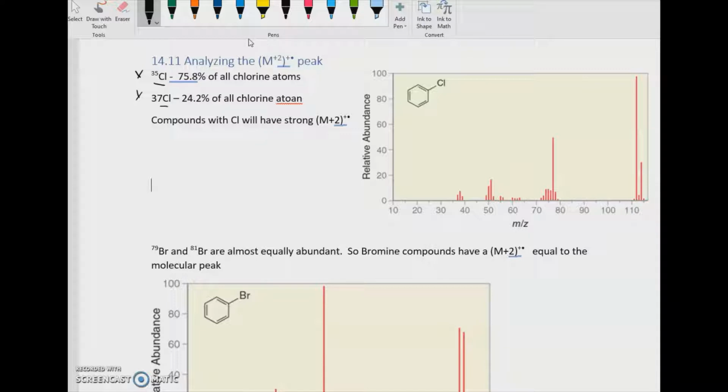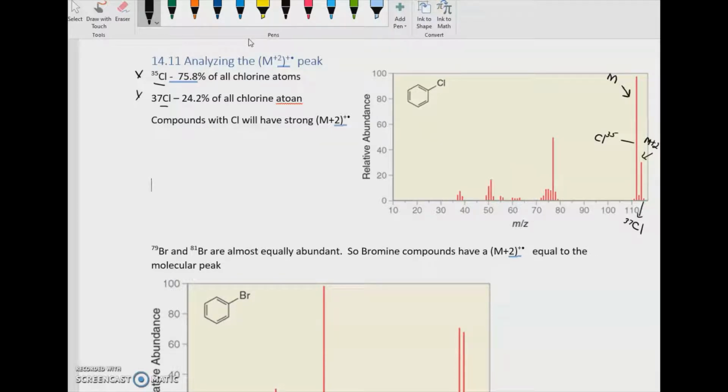And what we'll see, this is the molecular peak, and this one that's 2 over is the molecular peak +2, and it's caused by the compounds that have chlorine-37 instead of chlorine-35. So these all have chlorine-35.